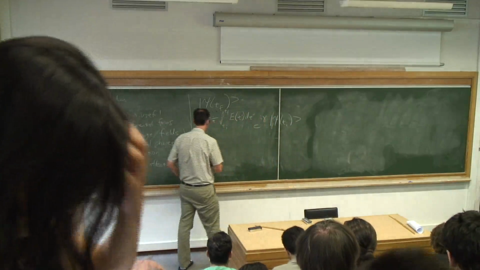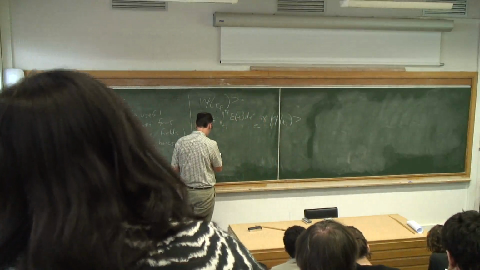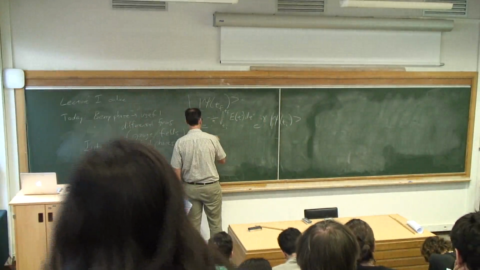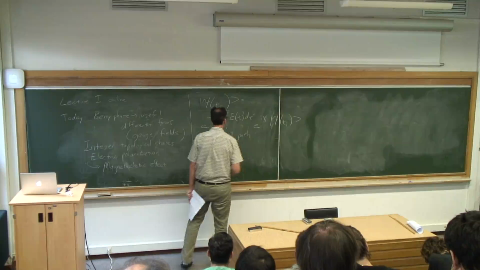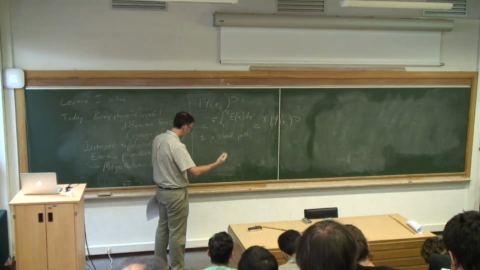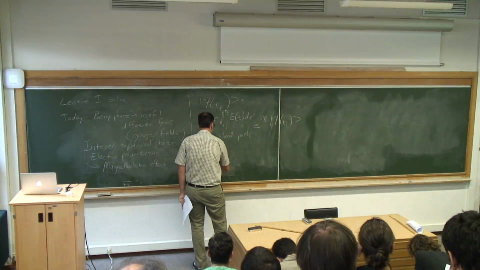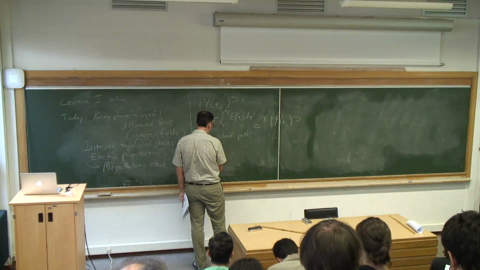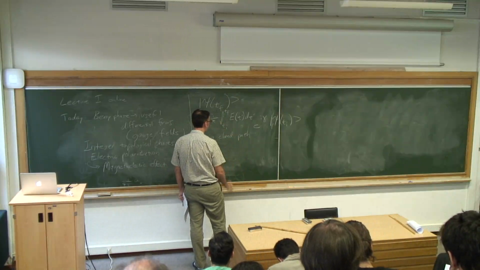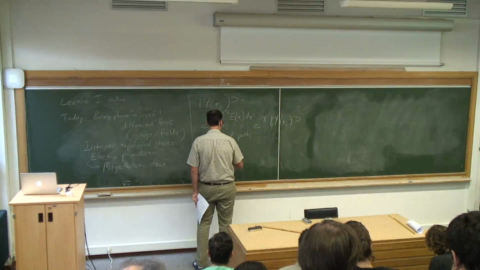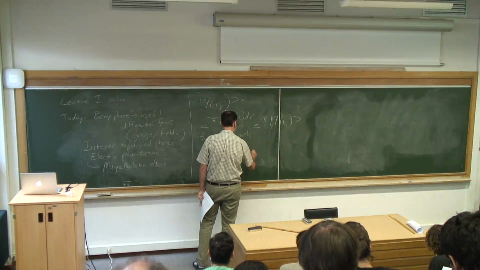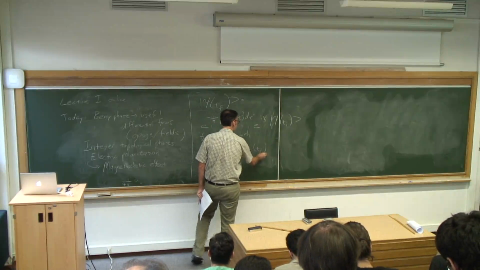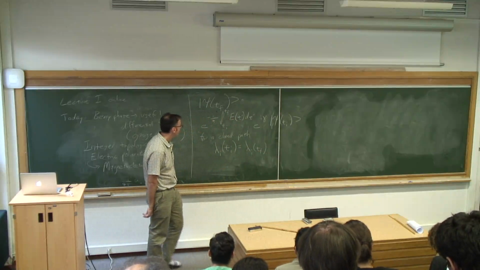And this is going to be for a closed loop in parameter space. So by parameter space, I mean I've got some parameters in the Hamiltonian, call them lambda sub i. This i is not initial, it just counts which parameter I'm talking about. So I've got my various knobs, and I've turned them around so that they're the same thing at the final time as they were at the initial time.